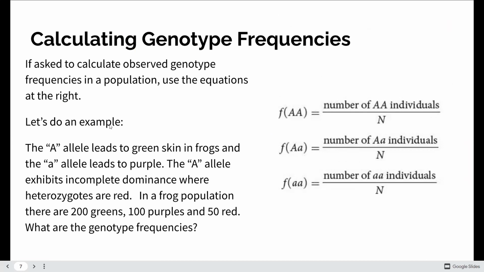So we can look at this population, and if we find all of the different kinds of genotypes, we can calculate the frequency within this population at which each genotype exists.